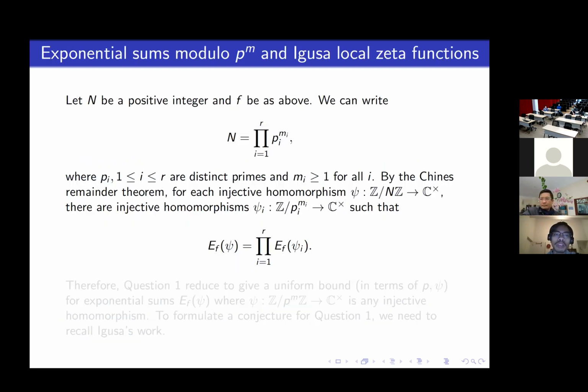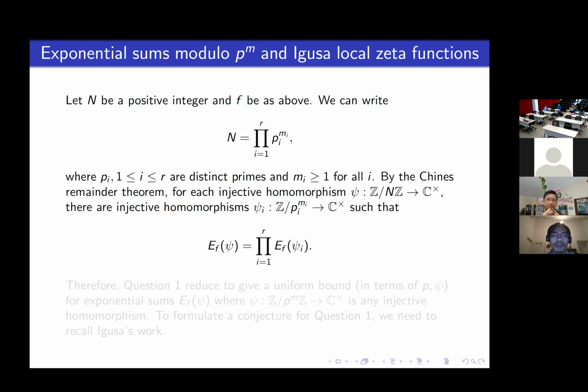First of all, I want to simplify a bit the notion E_f(psi), for psi an injective homomorphism from Z over NZ to C star. To do this, we use the Chinese Remainder theorem by writing N equals the product of prime powers p_i to the m_i for i from 1 to r.